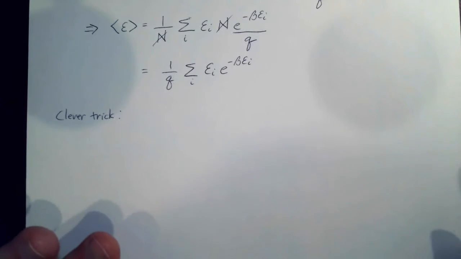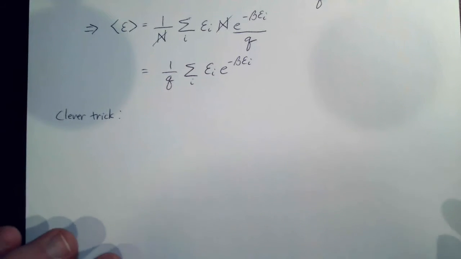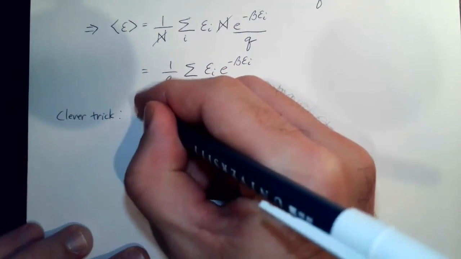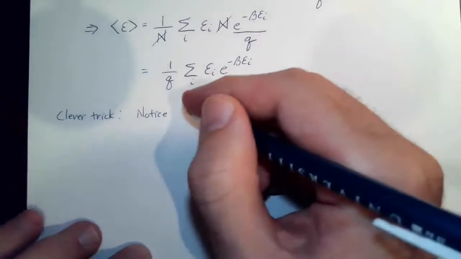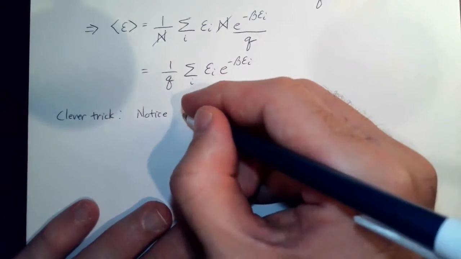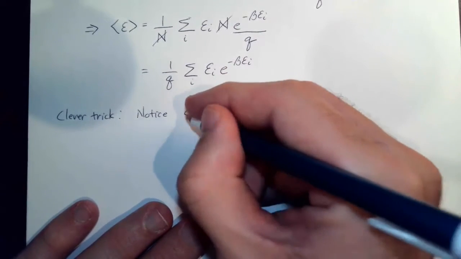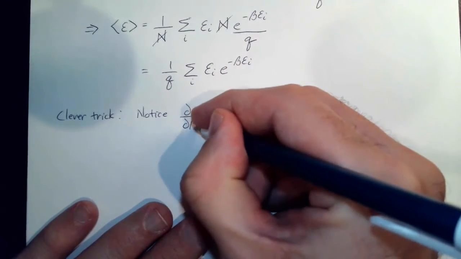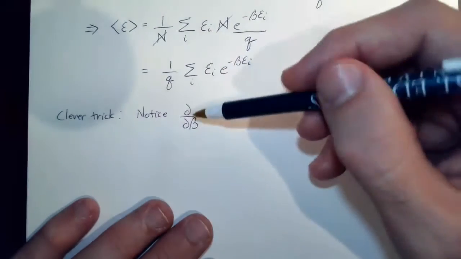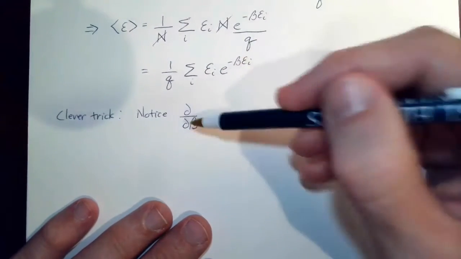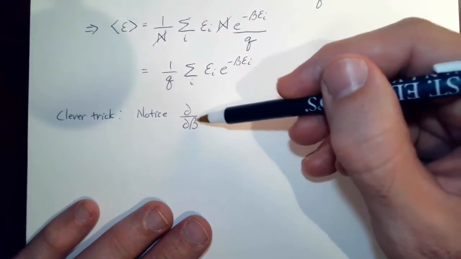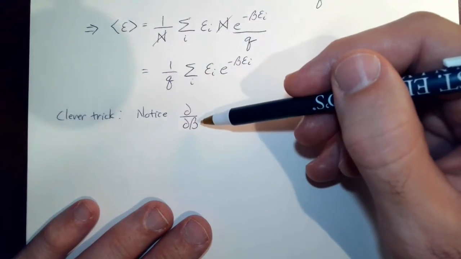Okay, now I'm going to use a clever mathematical trick, which is notice what happens if I take the derivative with respect to beta. This is why it's clever. We're using beta now as our differentiation variable.